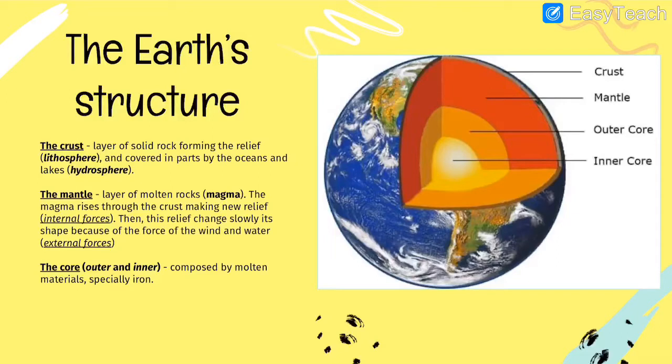The Earth structure is very simple. There are three main layers that you have to remember. The first one is the crust. The crust is the external layer. We are going to go from outside to inside. So the crust is the external layer, just this part.